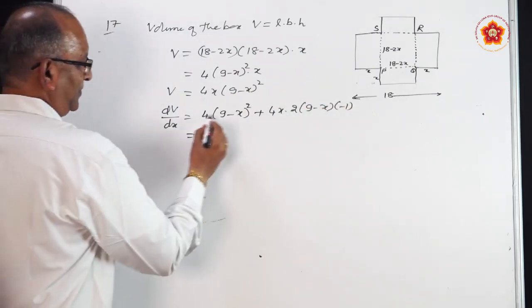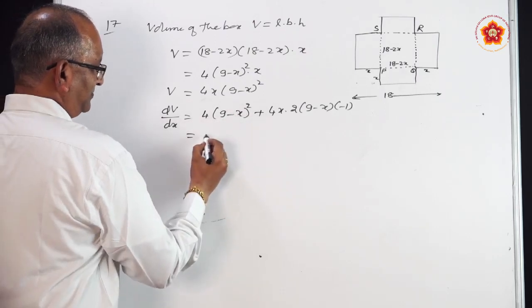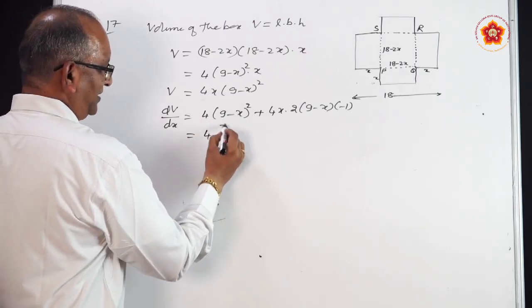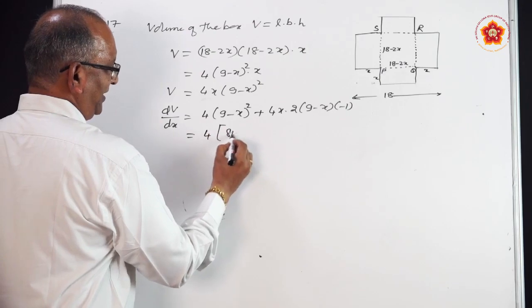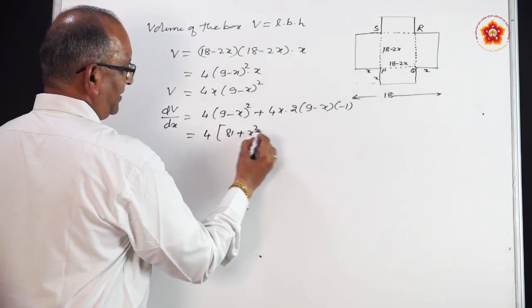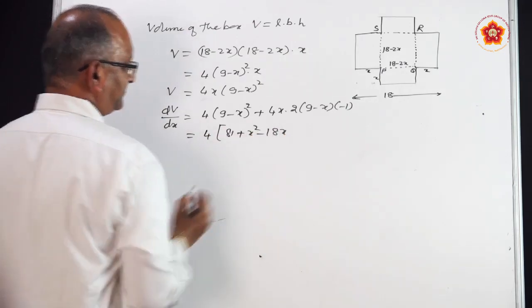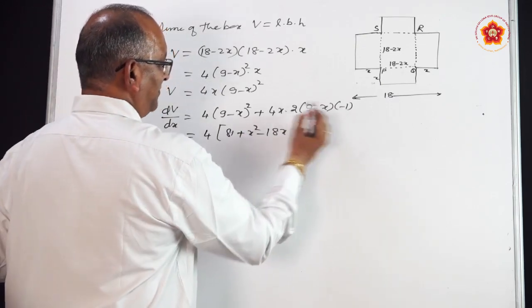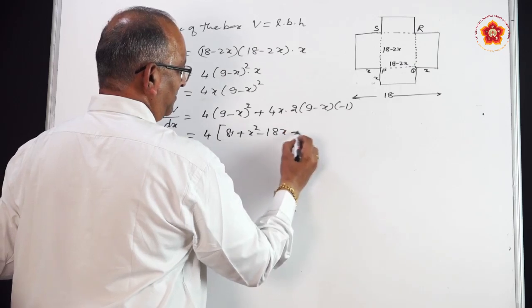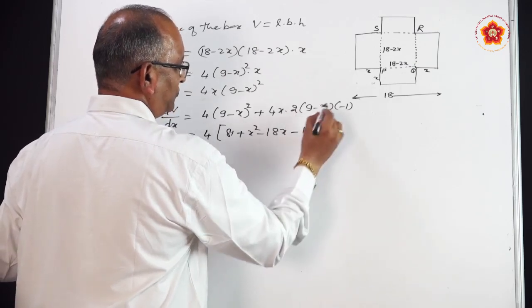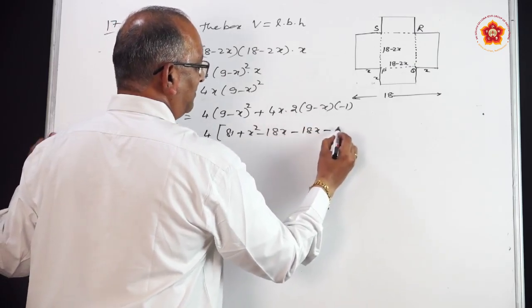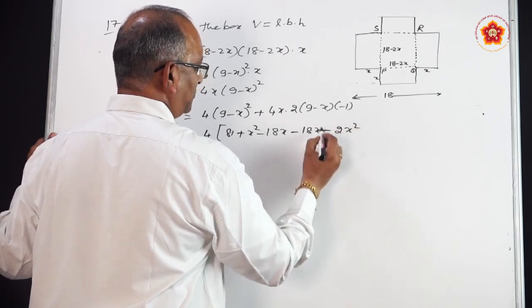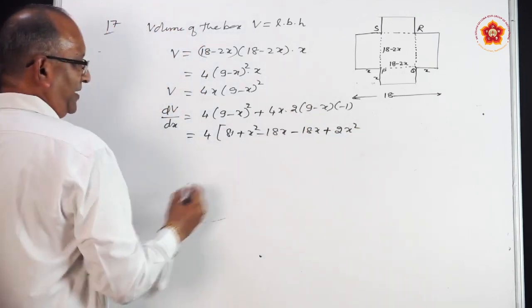Simplify. 9 square is 81, or this 4 can be kept outside for convenience sake. So 81 plus x square minus 18x. We have kept 4 outside, so multiply with minus 2x. So it will become minus 18x minus 2x with x will become minus 2x square. Minus into minus, it will become plus 2x square.